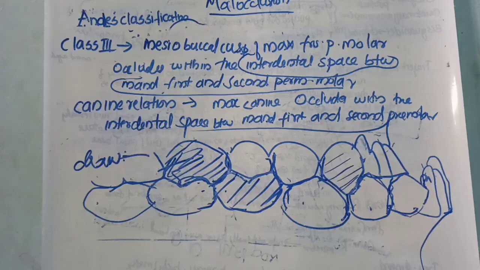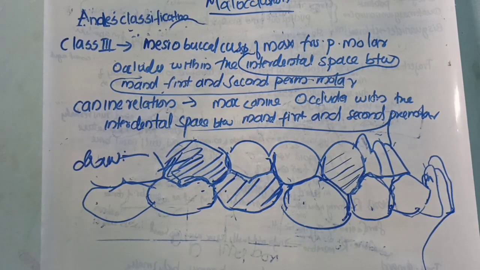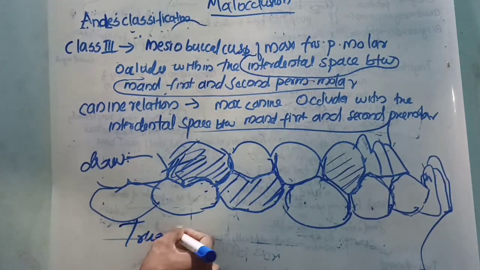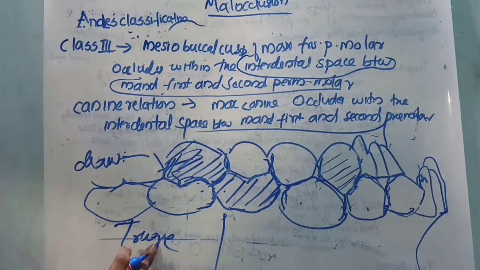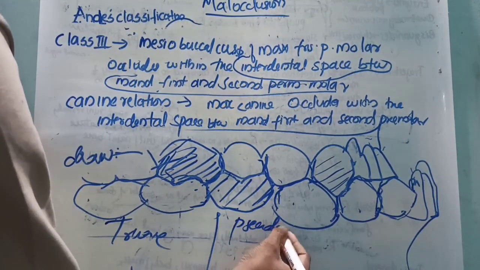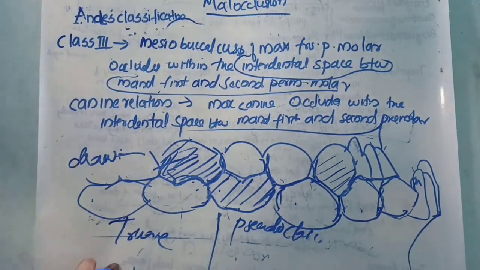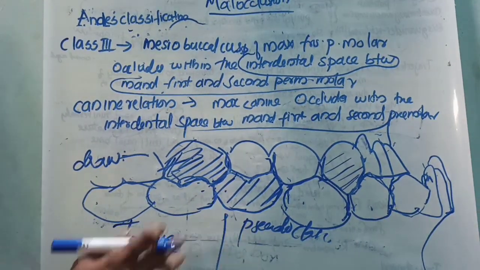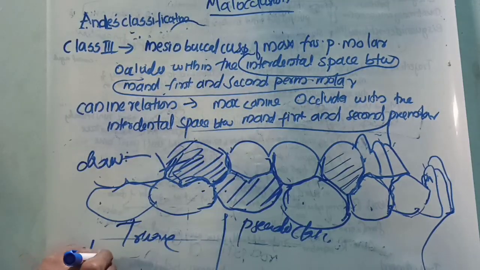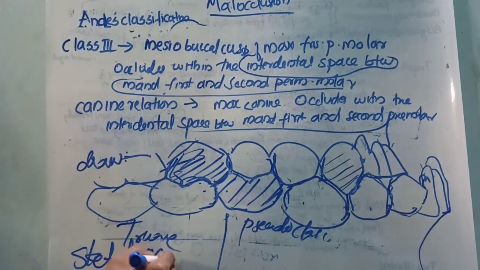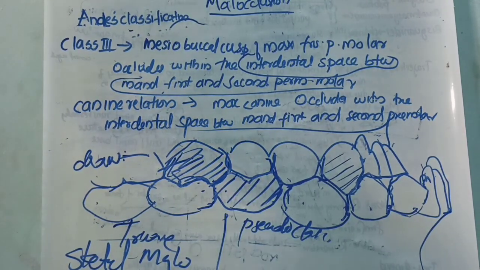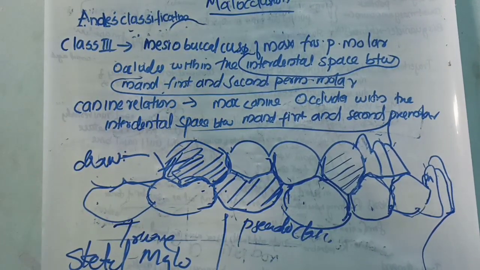For class 3, we all know that there are two kinds of class 3 relation: true class 3 and pseudo class 3. True class 3 is a skeletal malocclusion, with a progressive mandible, maxillary deficiency, or a combination of both.